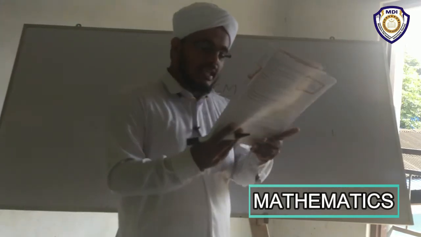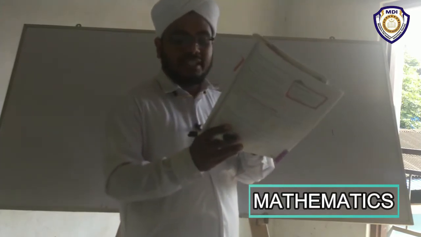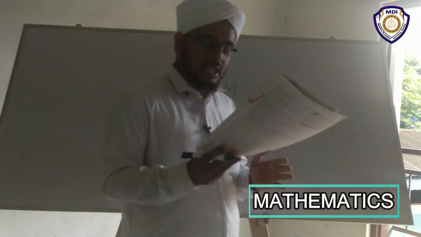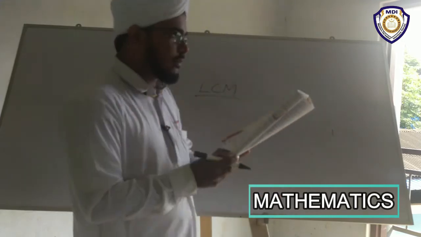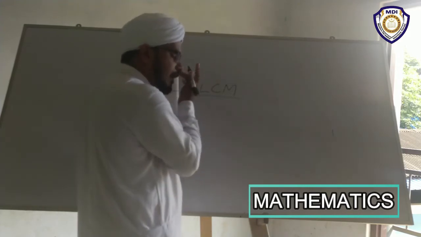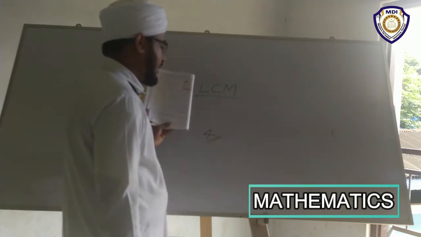The LCM of two or more numbers is the smallest number which is divisible by each one of the given numbers. That is the definition. We find the LCM of 2 and 4, we get 4. 4 is the LCM.